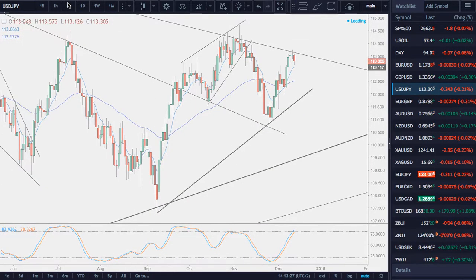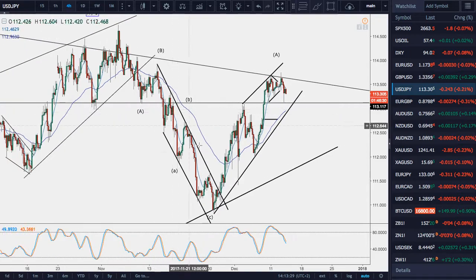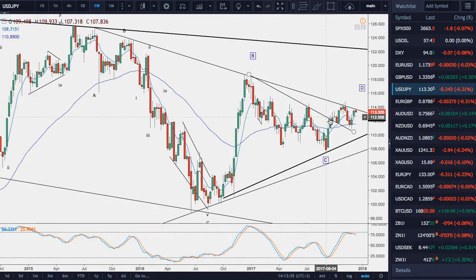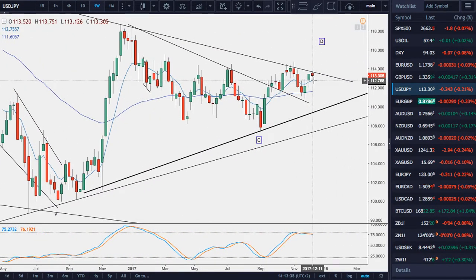On the lower time frame, on the 4-hour, I'm looking at basically 3 up into here. I'm looking for a 3-wave correction back towards the 8 EMA on the weekly right here, and then a continued move up towards 116 or so to complete wave D of the triangle.